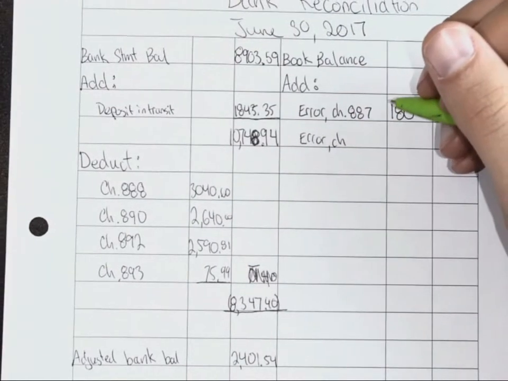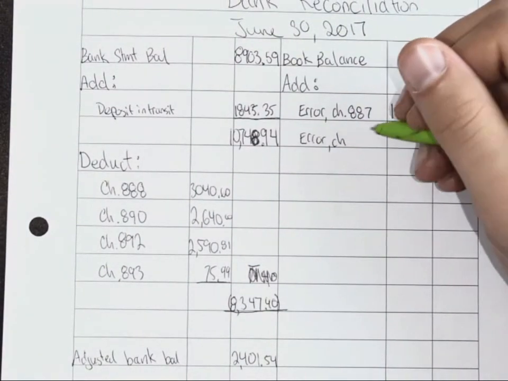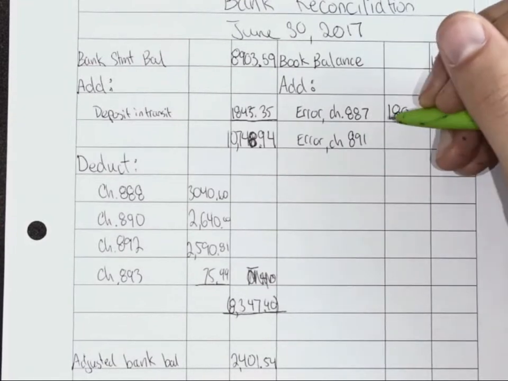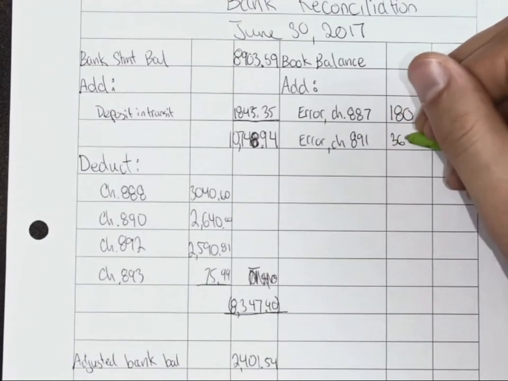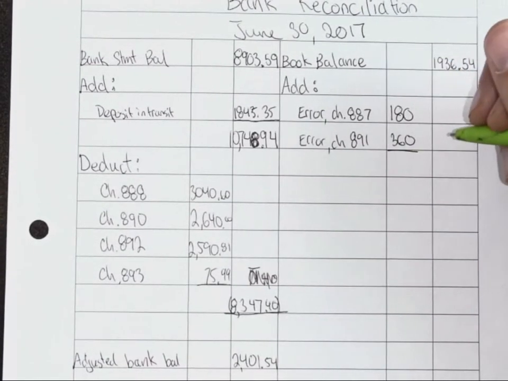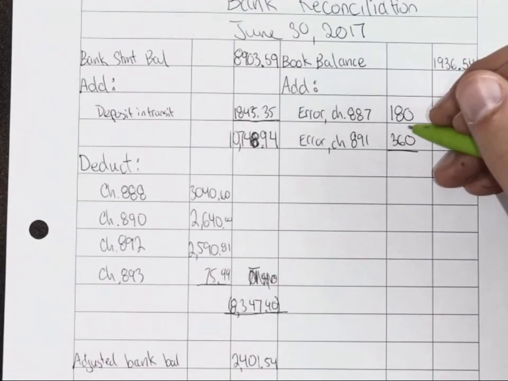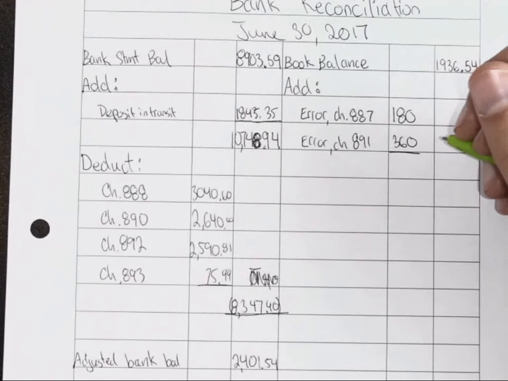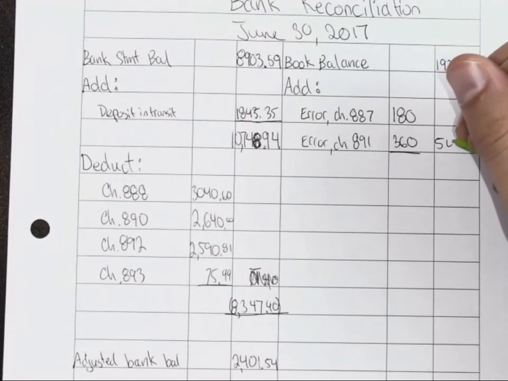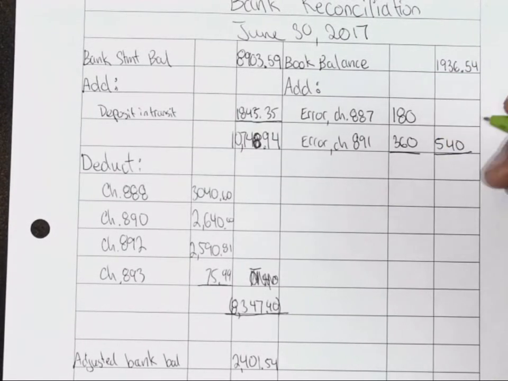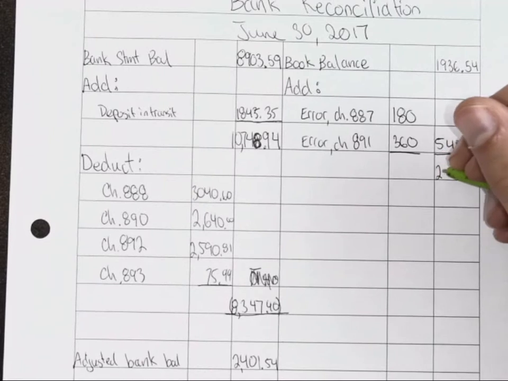Check 891 for 360. And we get a total of 2,000.